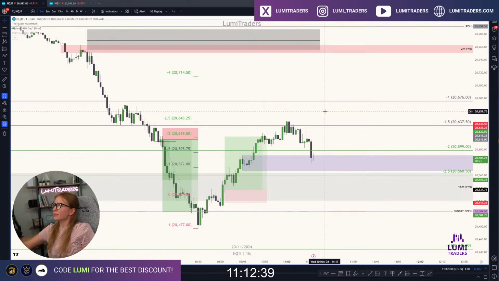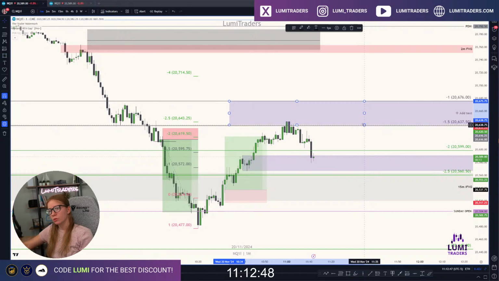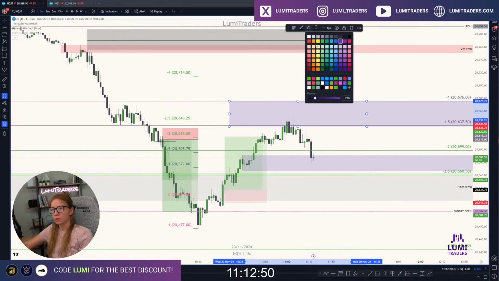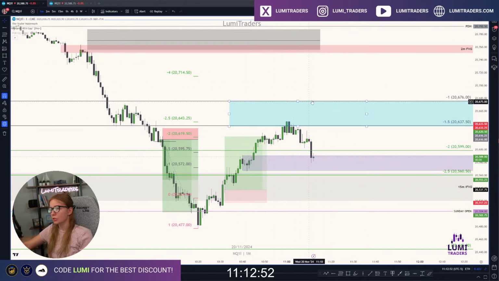It's not really a 15-minute fair value gap, but this zone right here between 1 and 1.5 is pretty much a bearish zone. This is where I still can consider potential continuation lower because it can still be part of the second stage of redistribution and reaccumulation.